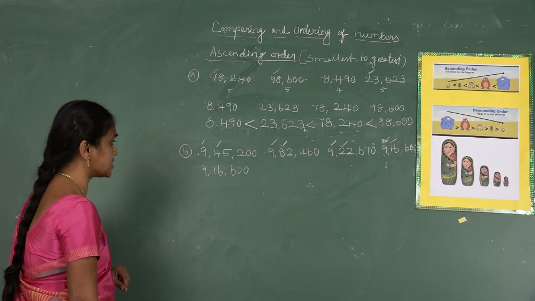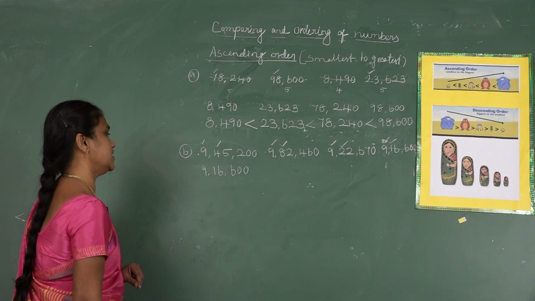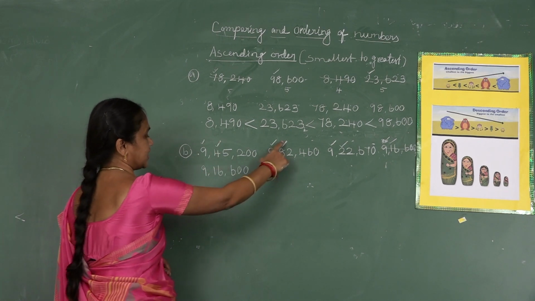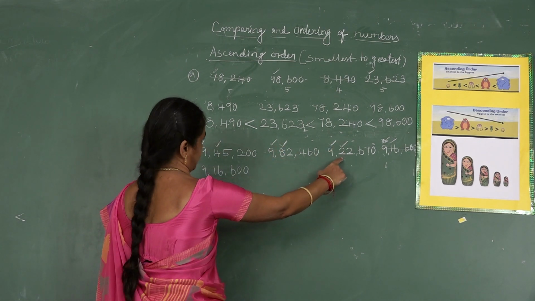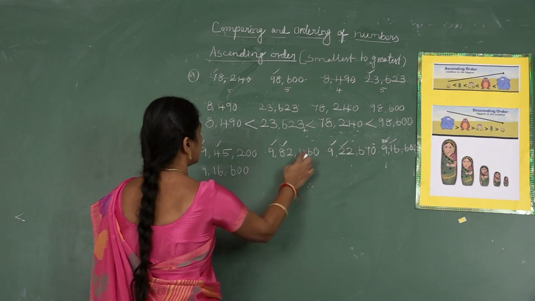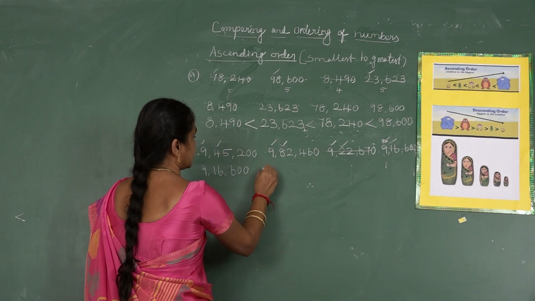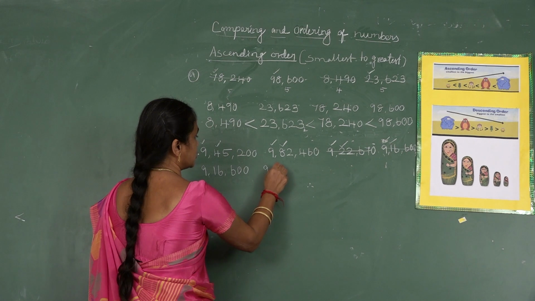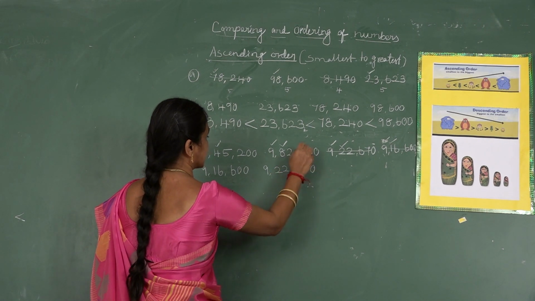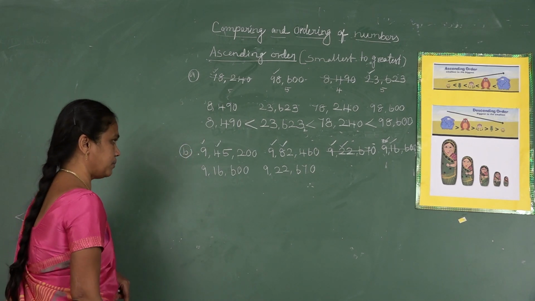In these three numbers, the lakhs digits are equal. We see 10,000 digit. In 10,000 place, here 4, here 8, here 2. This number is smaller than these two numbers. So, we write 9,22,670 in the second place. Now we have two numbers.